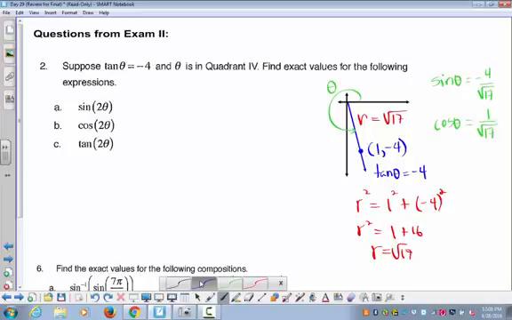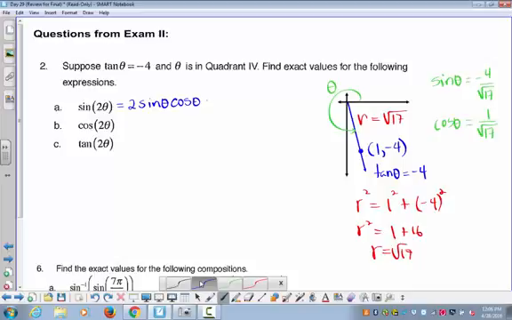The double angle identity for sine of 2 theta is 2 sine theta cosine theta. So we find the sine value for 1 theta and the cosine value for 1 theta and then multiply according to that formula.